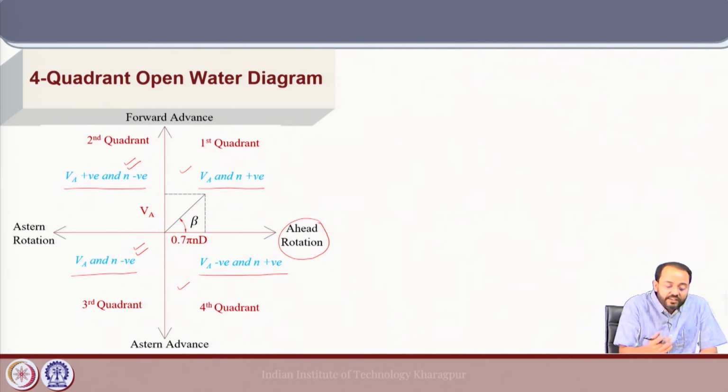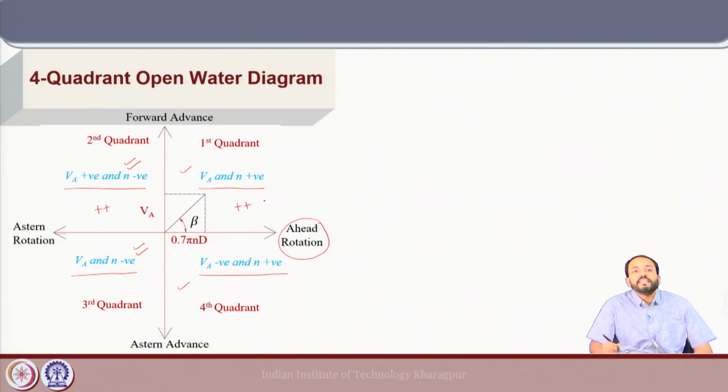Now, again we think of a different way. If we think of the horizontal axis, anything above the horizontal axis, the first and second quadrant, will be for forward advance, where velocity of advance is positive, VA is positive.